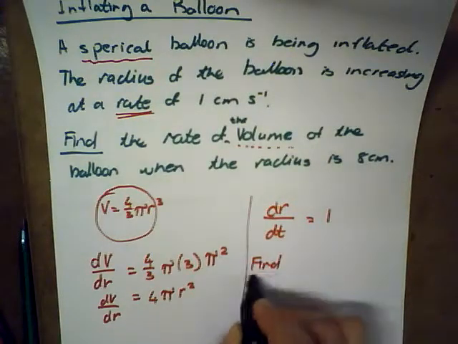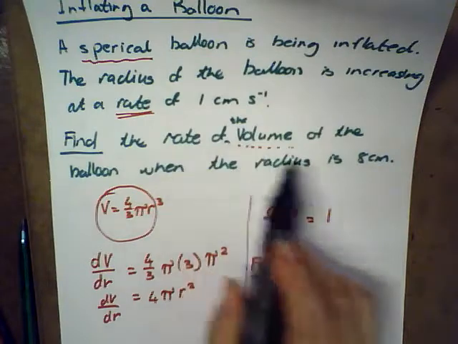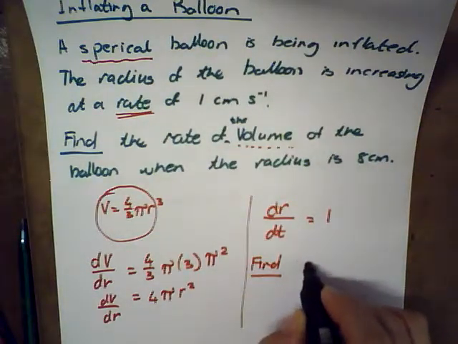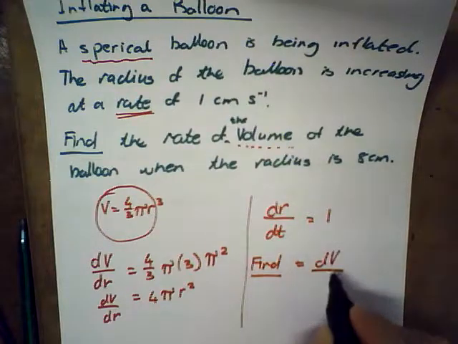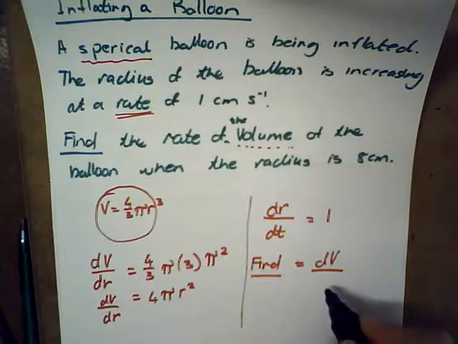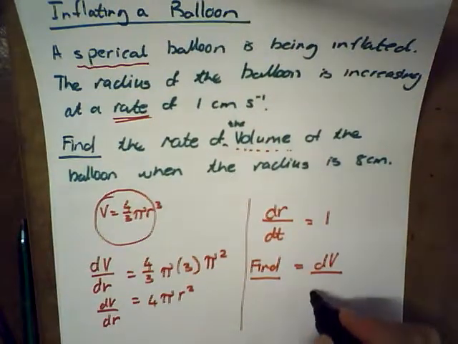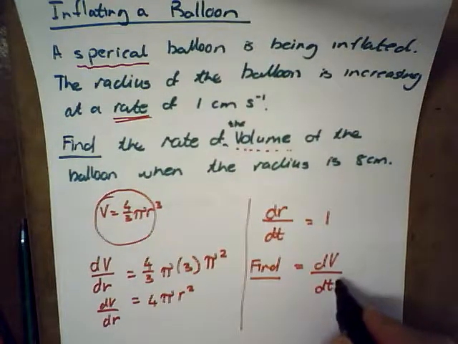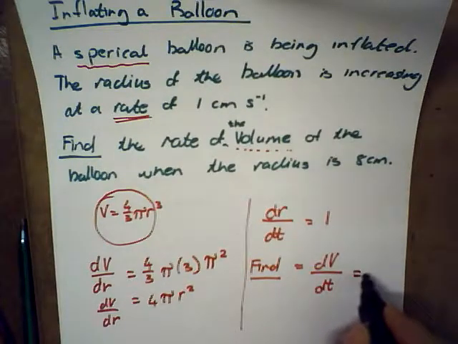Find the rate of the volume when the radius is 8 centimeters. So we want to find dV at a particular instance. It must be per time. It will be at a specific time. So that's what we want to find, dV/dt.